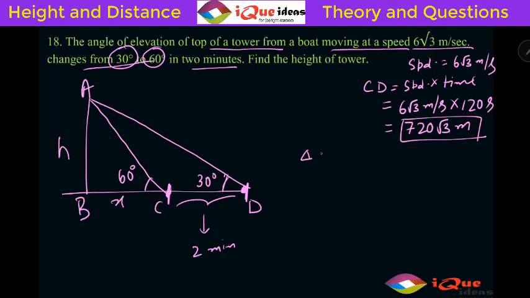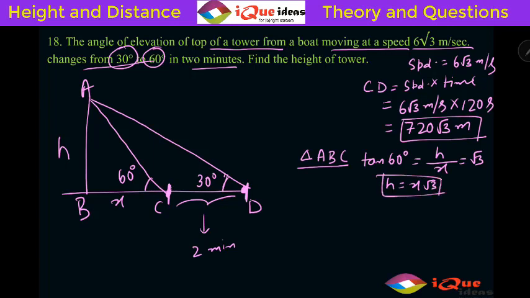Now look at triangle ABC. In that triangle we have tan 60 degree, that is equal to, opposite to 60 it is H and adjacent to 60 it is X. Tan 60 is root 3. So we have H by X equal to root 3. So from here we get H is equal to X root 3. Let it be. Alright.